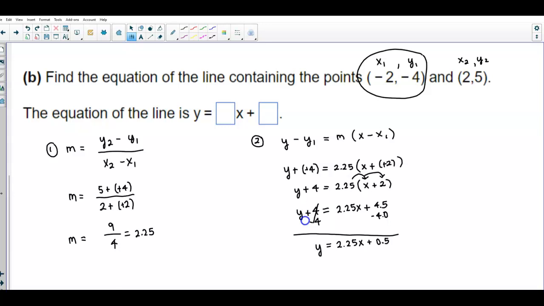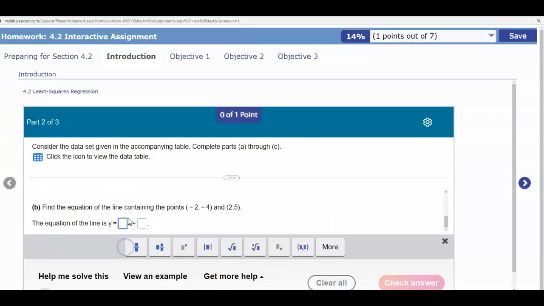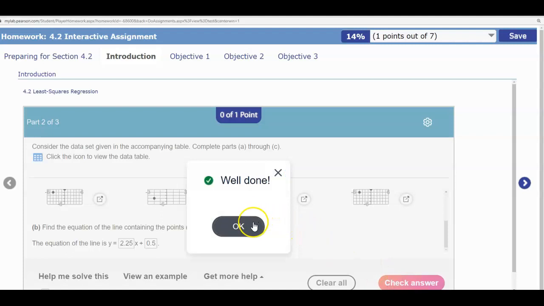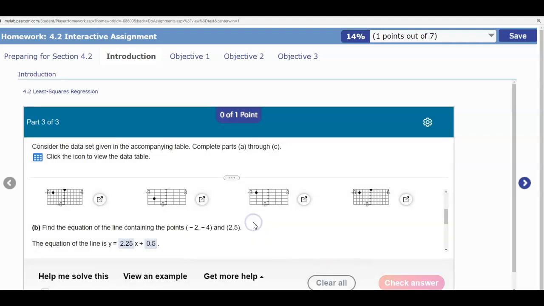So therefore, our equation is going to be y equals 2.25x plus 0.5. Let's put this into our answer here. Okay, so we have 2.25 plus 0.5. And so therefore, there is our answer.